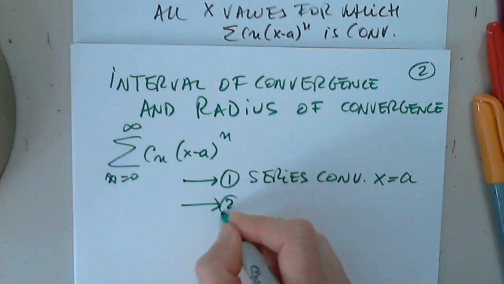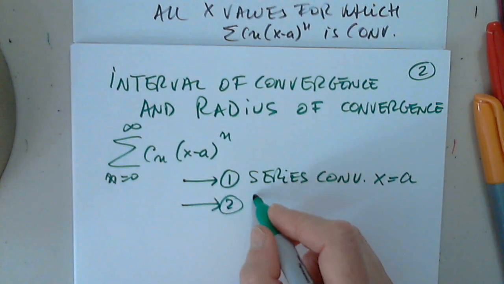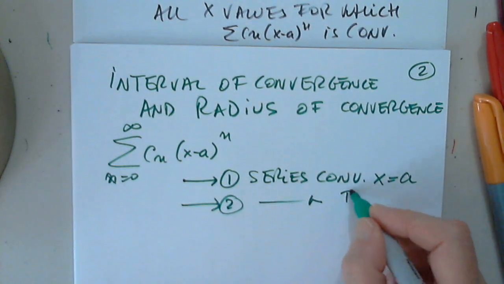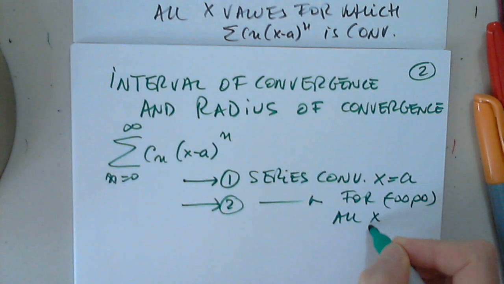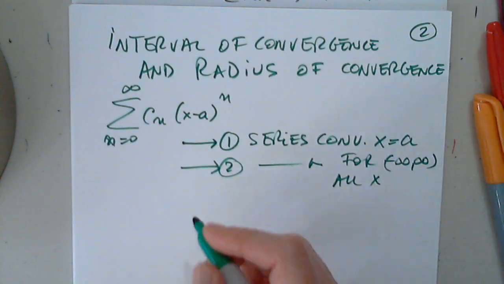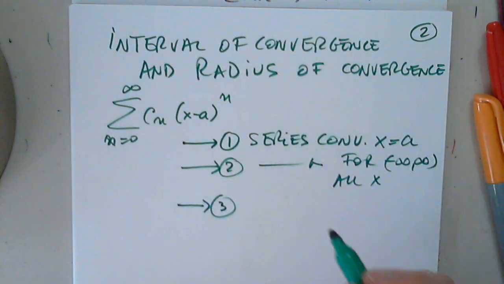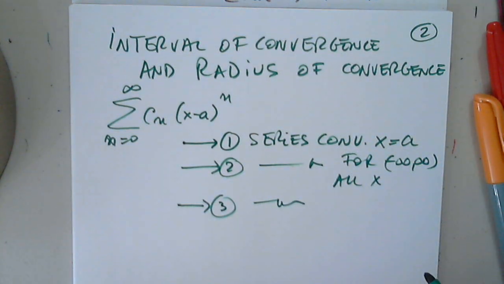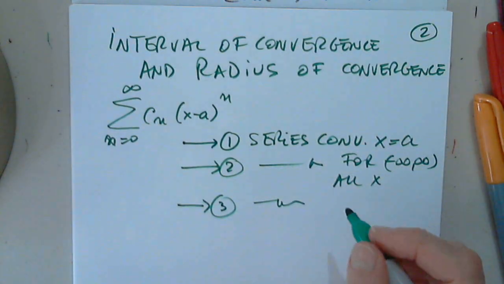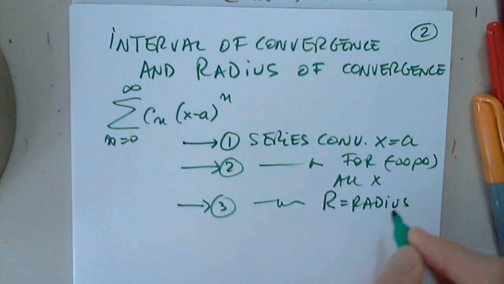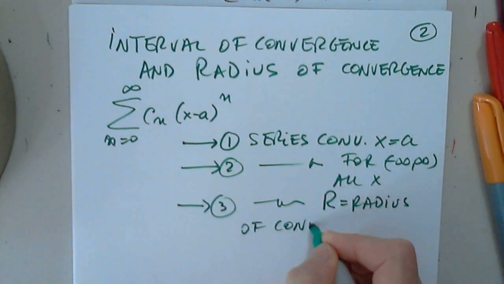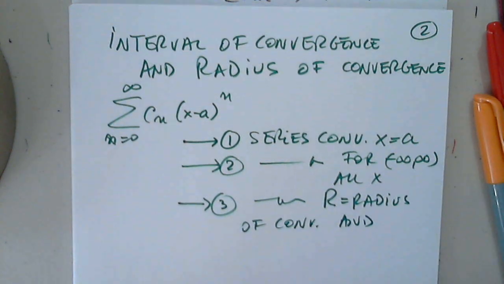The second possibility is that the series converges for negative infinity to infinity, all x values. And the third possibility is that the series converges for a particular R, the radius of convergence, and interval.